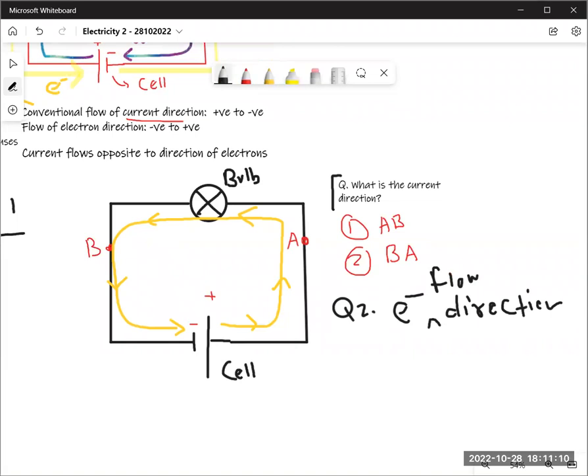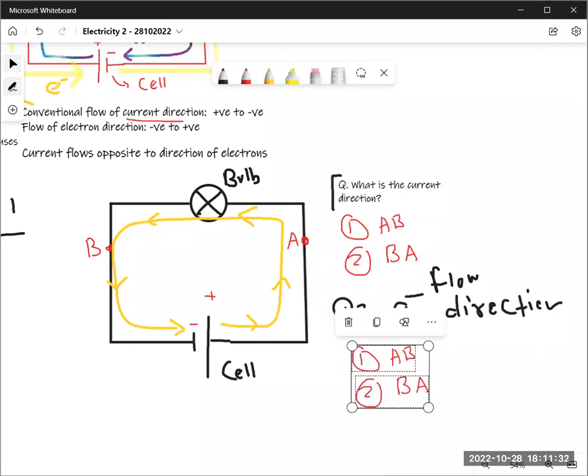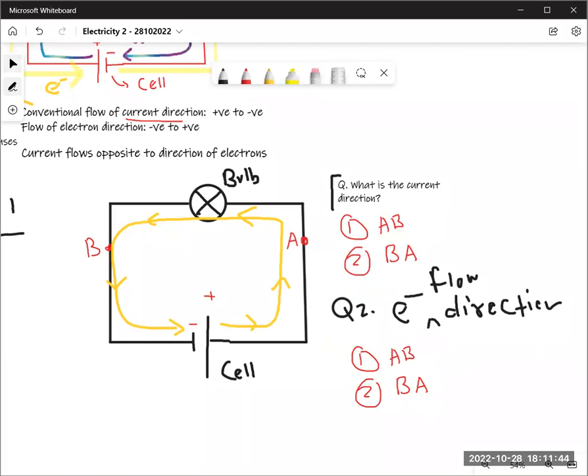Negative to positive. Write it in the chat. Maybe it's AB, maybe it's BA. You only have 2 options. I've gotten 4 answers, so 2 people are remaining, Safa and Rana. Rana, what is the flow of electron direction?